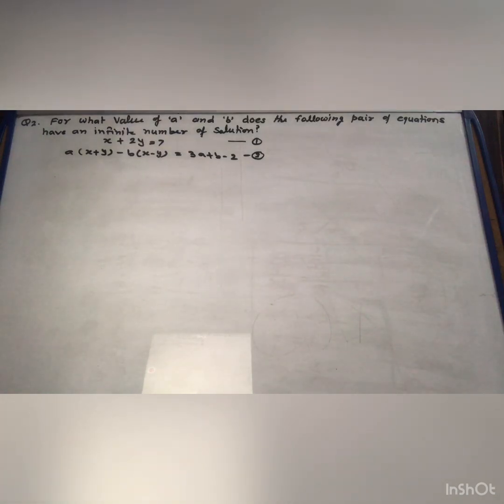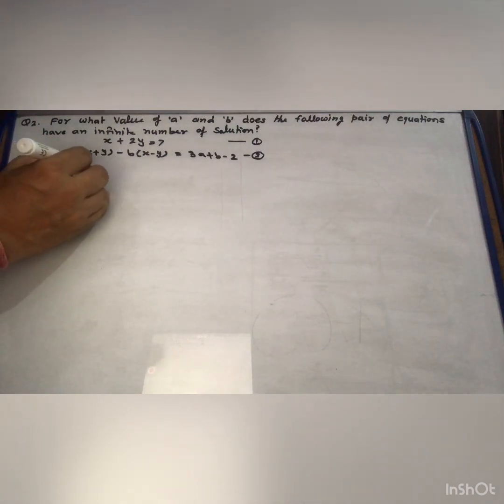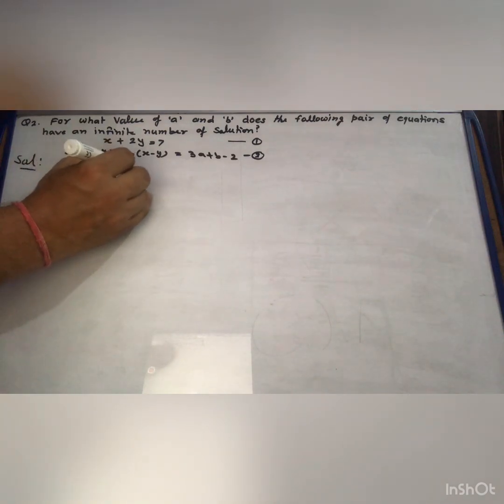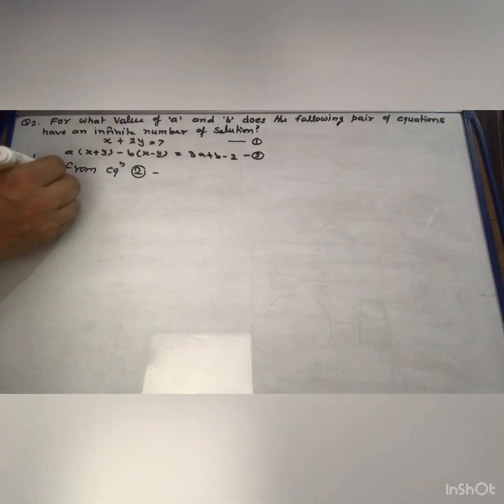But equation number 2 is not in the form ax plus by plus c equal to 0. So first of all, we will convert this equation into the standard form. Equation number 2 is given.